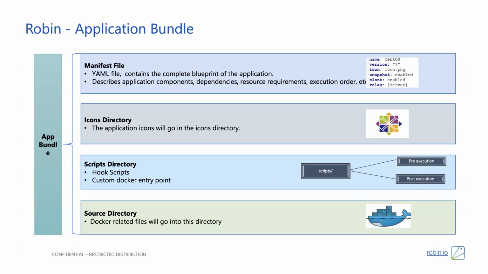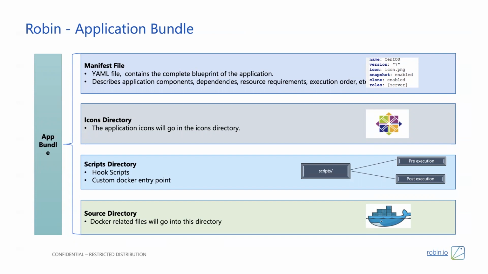The first thing is the manifest YAML file, which is a blueprint of the application, where you can describe the compute, storage, networking, and requirements. Additionally, you can have multiple other configurations, such as whether snapshot is enabled, you want certain app hooks to be run, and certain affinity, anti-affinity rules that can be placed in the manifest YAML file itself.